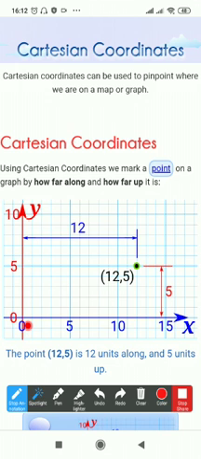The first value is 12, so you count 12 from 0: 5, 10, then 11, and then 12, and then you move 5 steps up: 1, 2, 3, 4, and 5. So the point located here is 12, 5, and we call this pair of numbers an ordered pair.